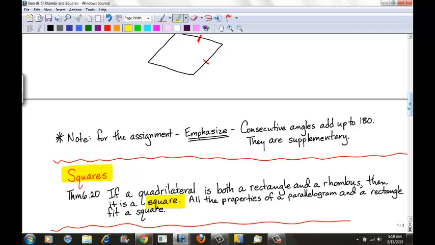Squares, Theorem 6.20. If a quadrilateral is both a rectangle and, remember, an and statement, both parts. If it's both a rectangle and a rhombus, and you think about the rhombus as a parallelogram, it's got all four sides congruent, it's got the diagonals perpendicular, then it is a square.